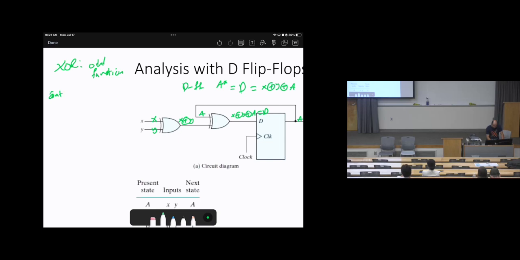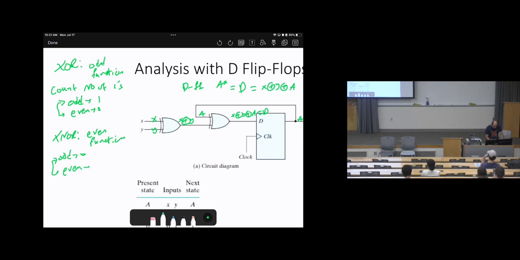You can go back to lecture number 2, where it was already mentioned. I'm just going to write a revision. Count the number of ones. If they are odd, then the output will be 1. If they are even, the output will be 0. However, exclusive NOR is an even function. This means if the number of ones is odd, it will be 0; if they are even, this will be 1.